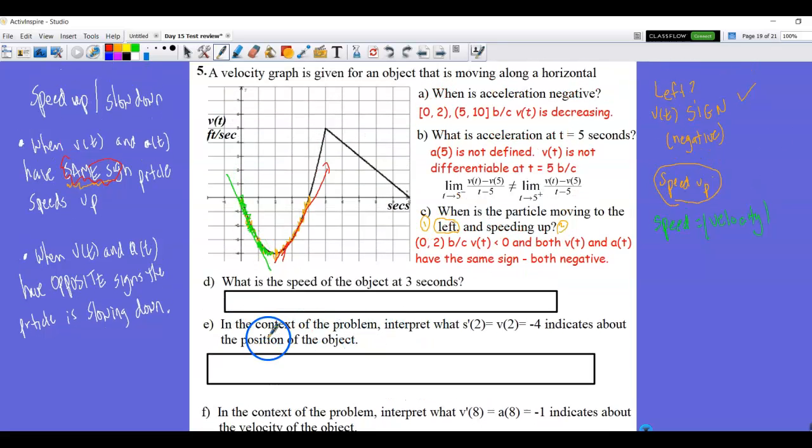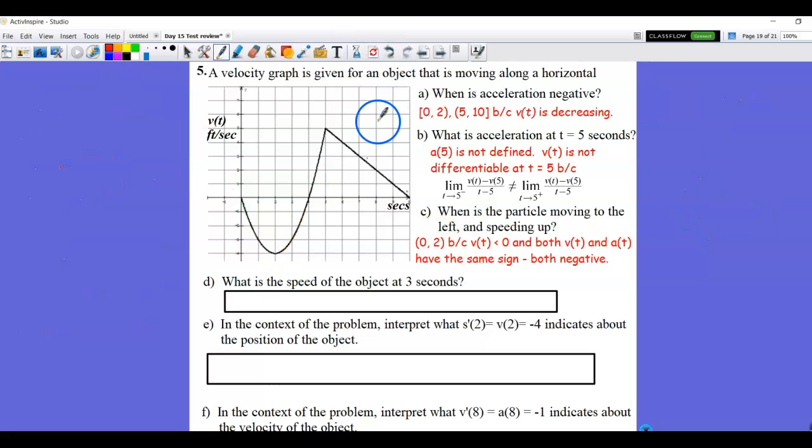Letter D. What is the speed of the object at 3 seconds? So I'm going to clear my annotations. There we go. Speed at 3 seconds. I'm going to come over here to the graph. 1, 2, 3. I'm going to come down here. Now I know V of 3 is negative 3.